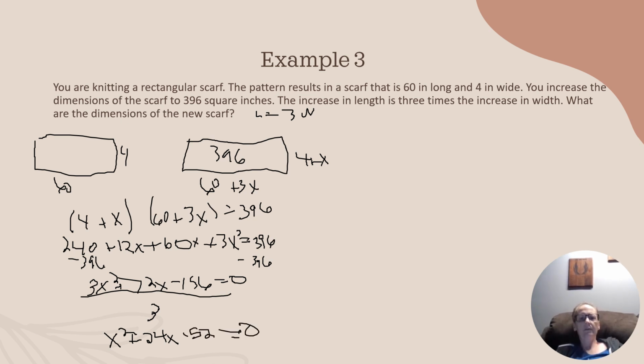And I'm just going to solve this by factoring because it's able to be factored. Usually these ones with geometry can be. So I'm going to go ahead and look for multiples of 52 that subtract to 24. Those happen to be 26 and 2. The 26 will be positive, and the 2 will be negative.